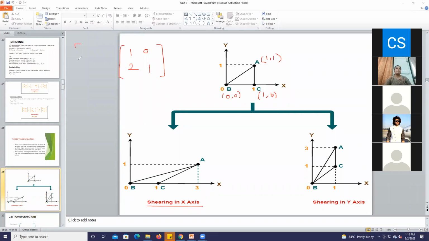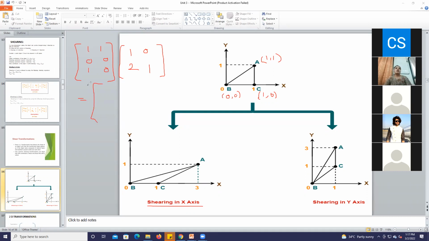So let us multiply it with our original triangle and we will check whether we are getting the appropriate results or not. So A value is (1, 1), B is (0, 0), and C is (1, 0). So now I am going to perform the matrix multiplication and I will get the result.